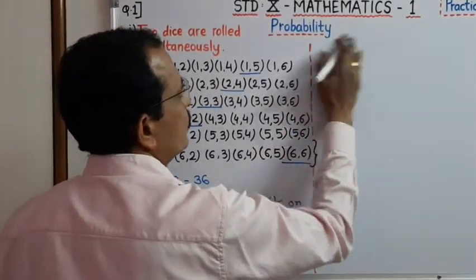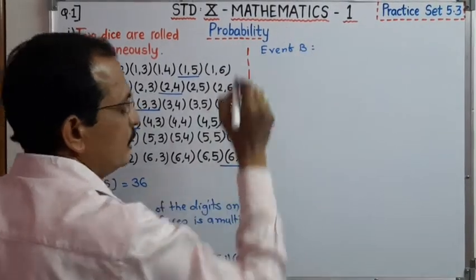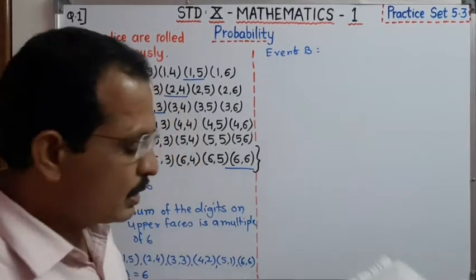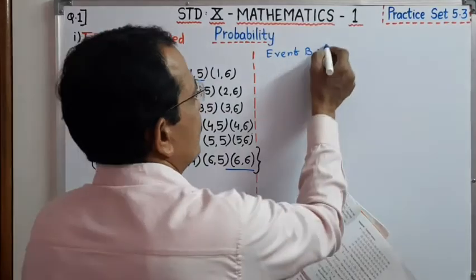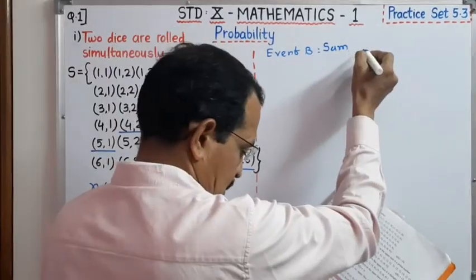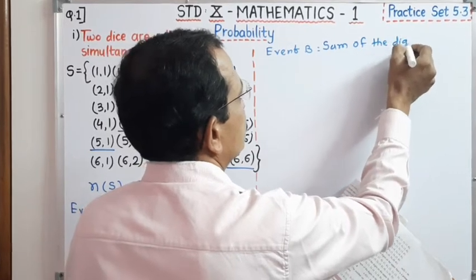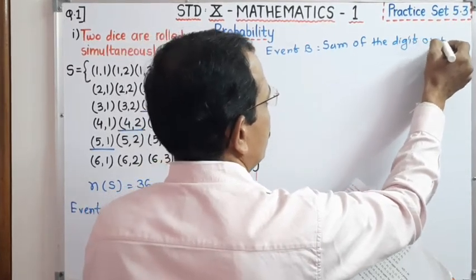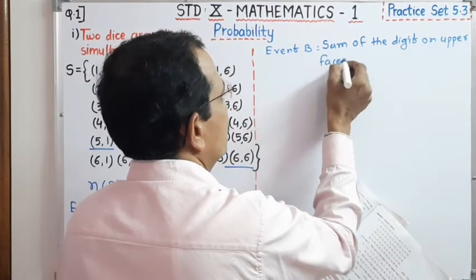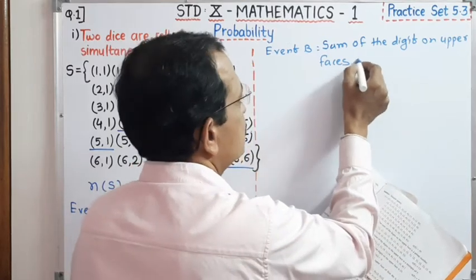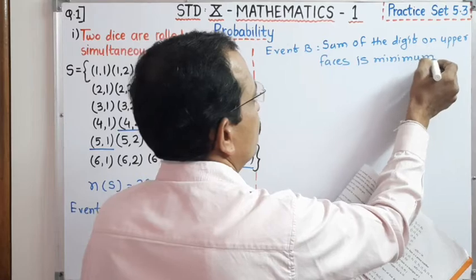Now dear student, we have to write event B. Event B: the sum of the digits on the upper faces is minimum 10.